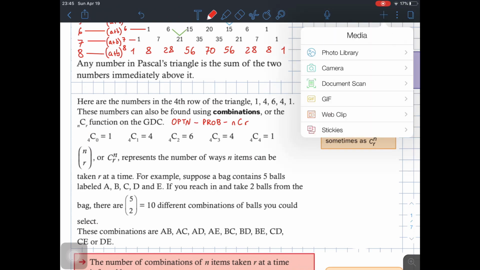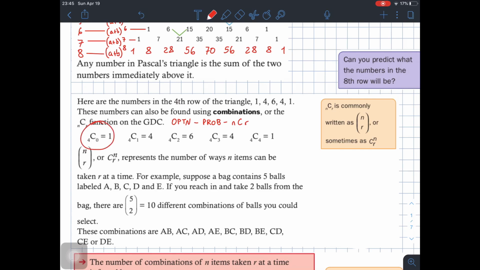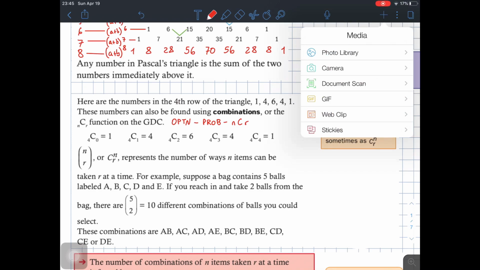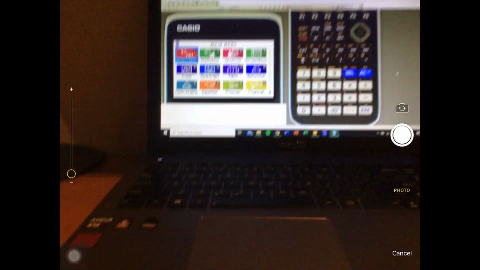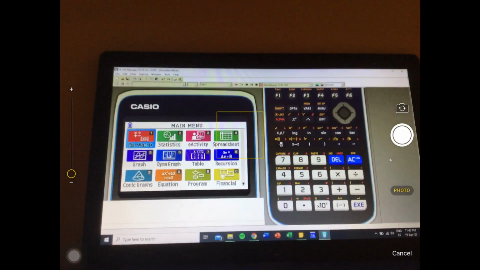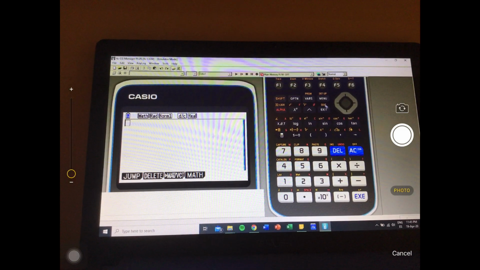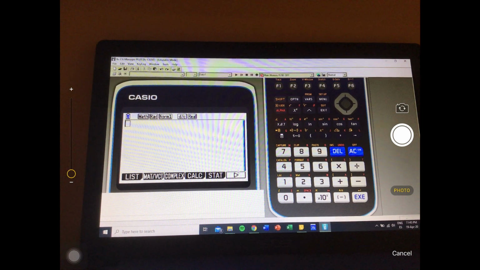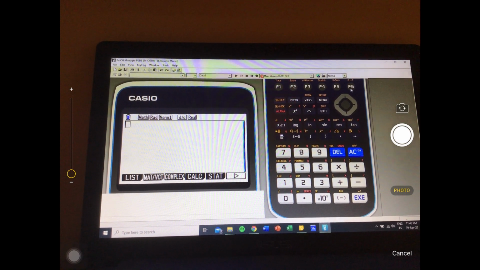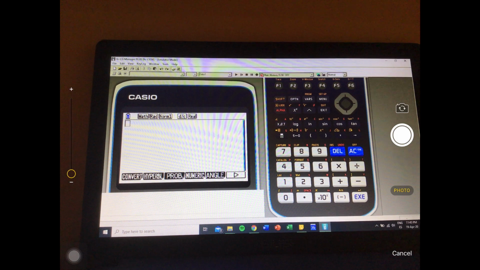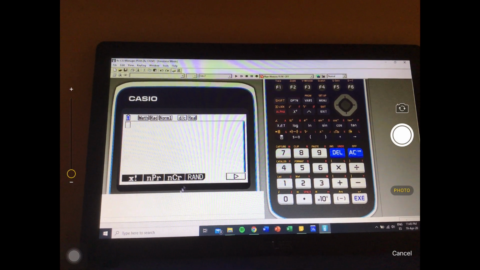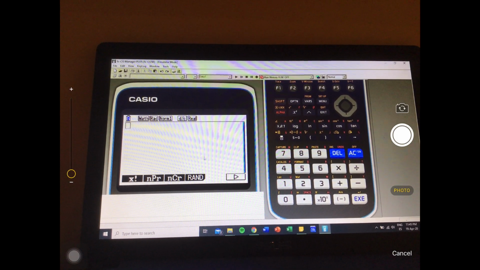If we want to find the first thing, 4C0, 4C1, 4C2, and so on, what we're going to do is go to the calculator, menu 1, the main menu, and then you click on option, then you go to the little arrow, which is F6, and here you'll see prob, which is probability, F3, and here you have the nCr that we're looking for.